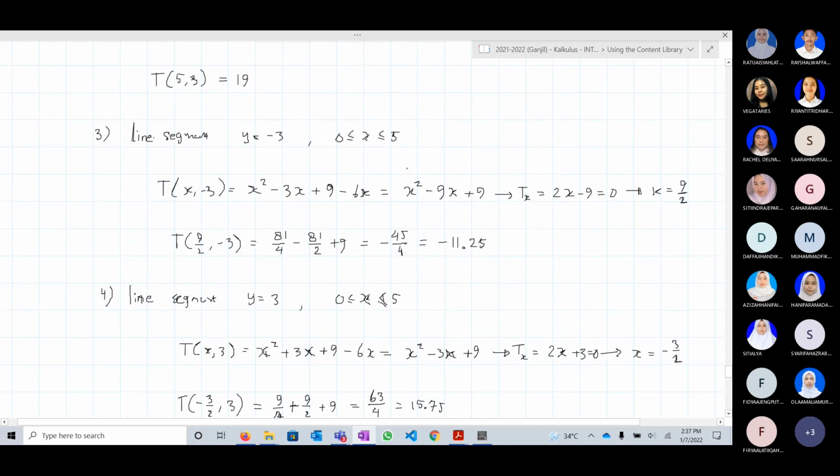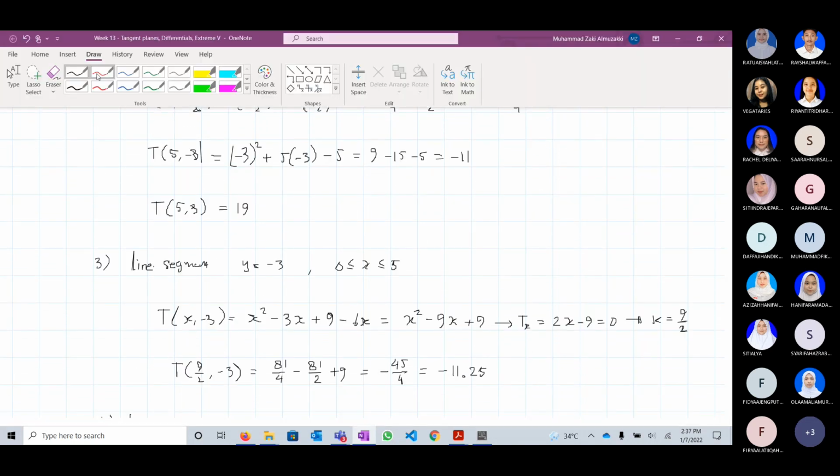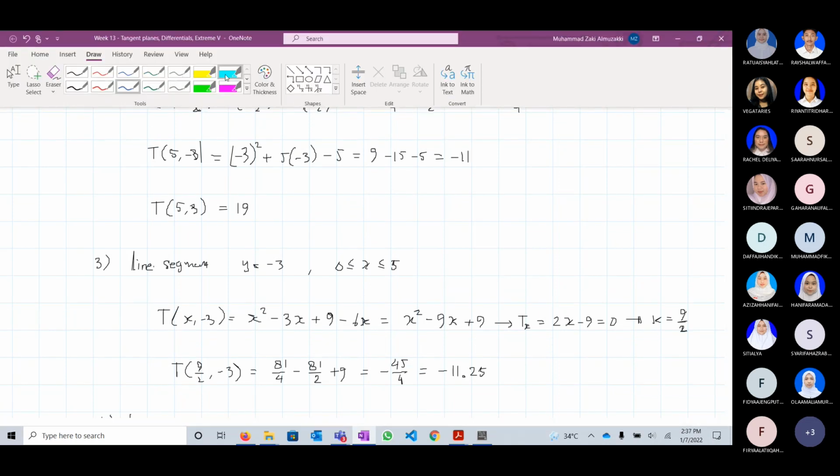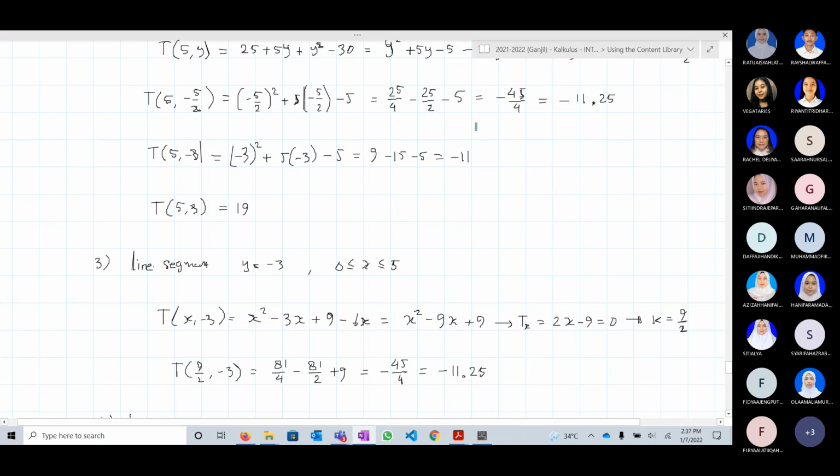So now from here we know the absolute maximum. I will use the color blue for the absolute maximum.